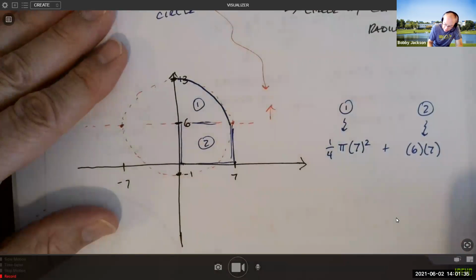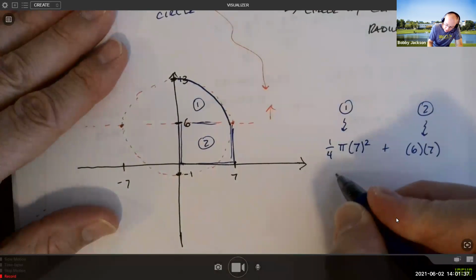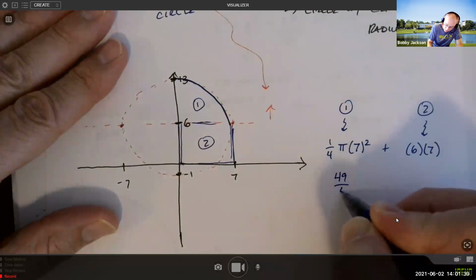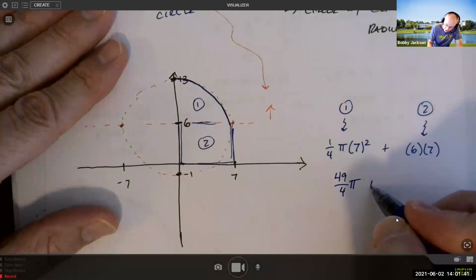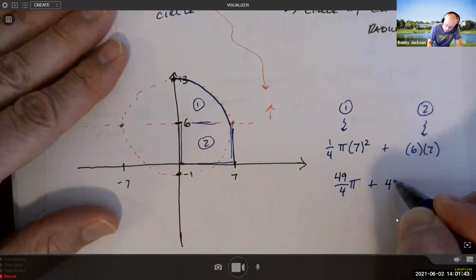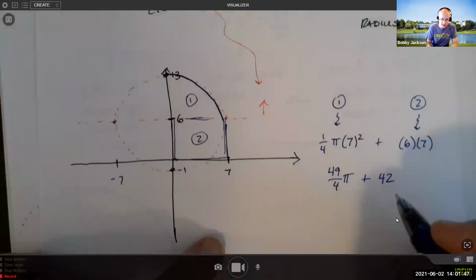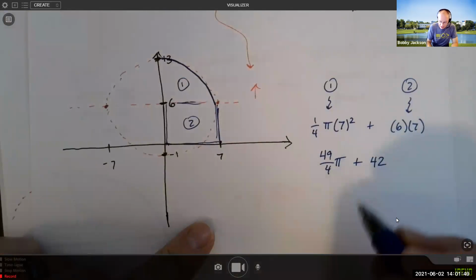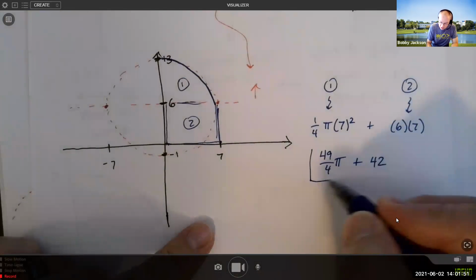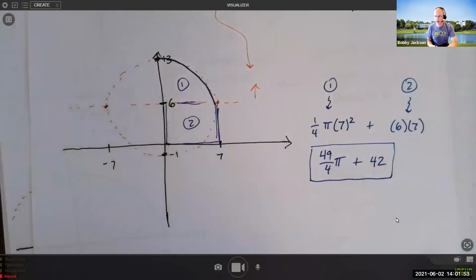So here I get 49/4 pi, like we got last time, plus 6 times 7, which is 42. If you want to combine this as one fraction, you can, but this is sufficient. You can approximate this with your calculator if you need to, but that is the value of the definite integral in this case.